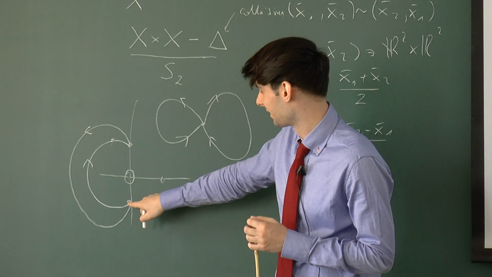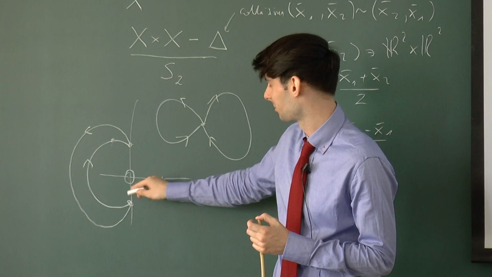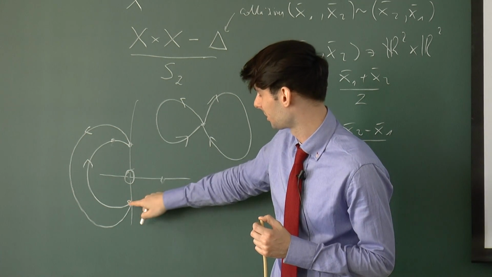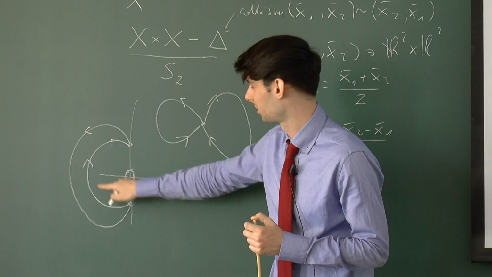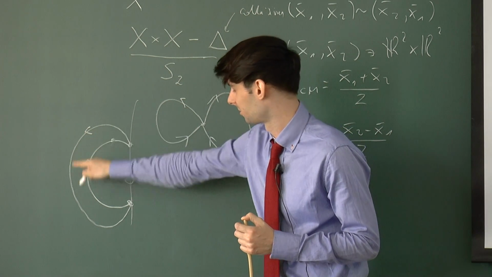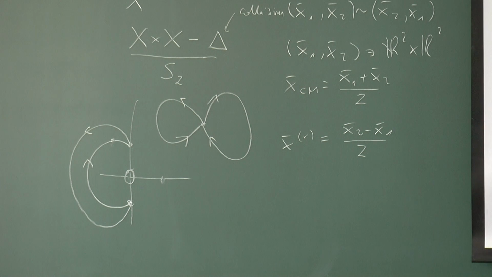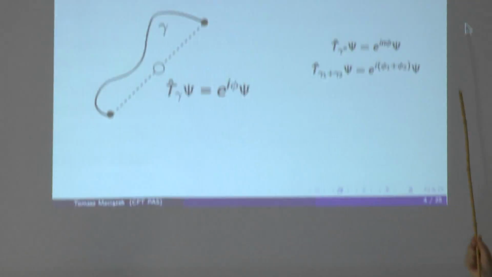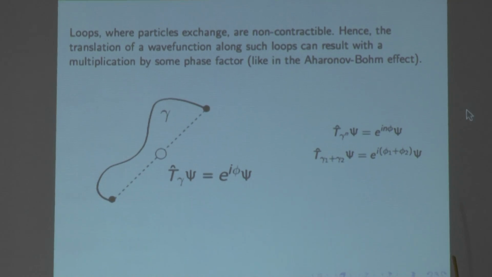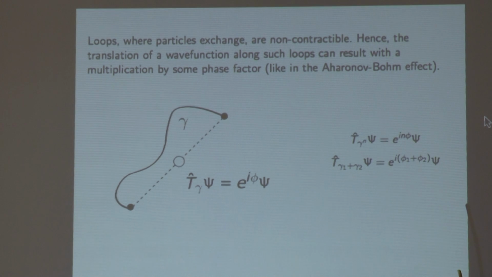Anyway, when we want this non-contractible loop, then a sum would mean that we go here, and then we go here. So this would be a sum of two loops. We want those phases to add up. So we see that here there is some abelian representation of loops.